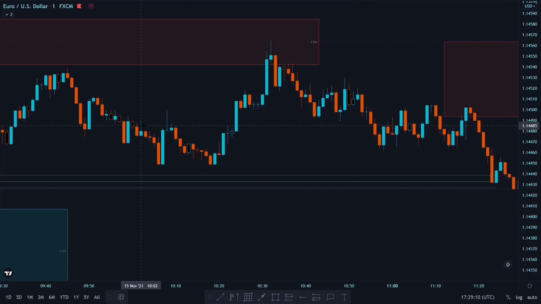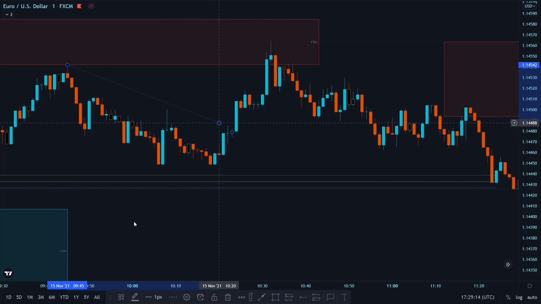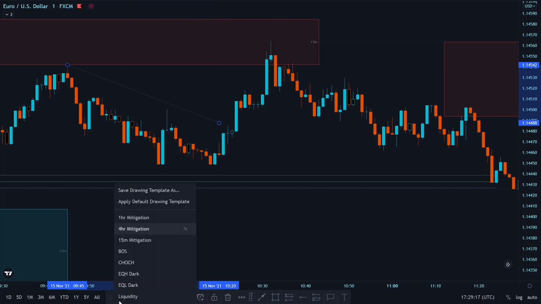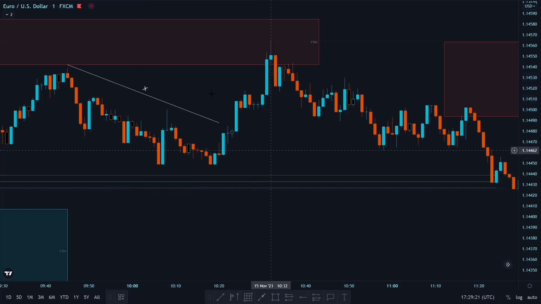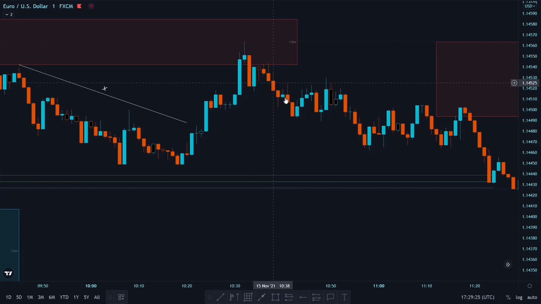We swept all this trendline liquidity here, equal highs. So after sweeping this liquidity, we get a quick move to the downside. We get a change in character here.